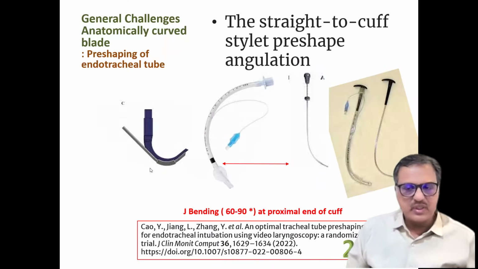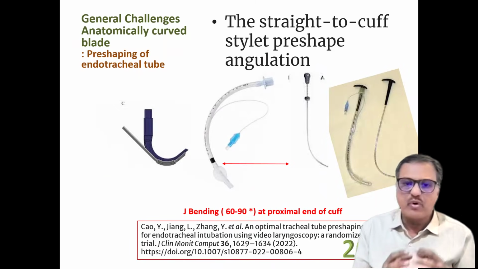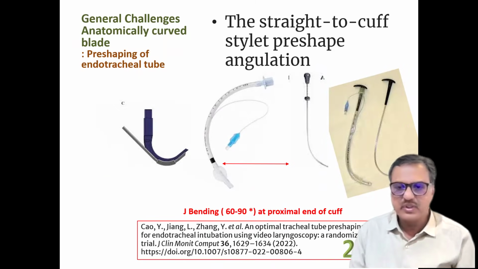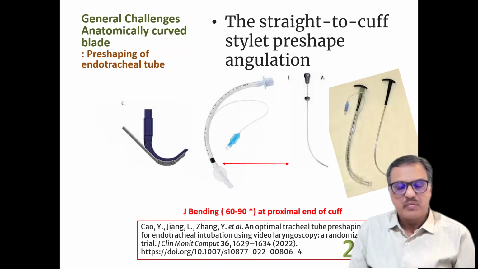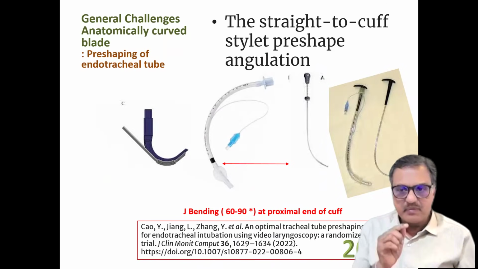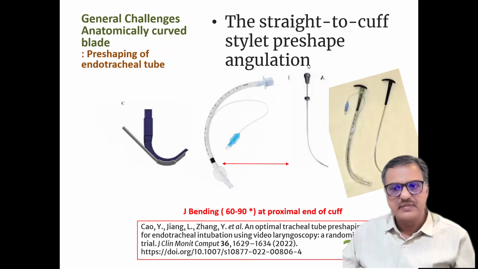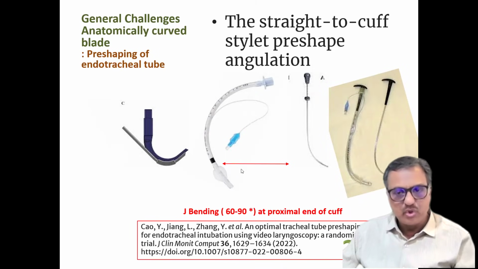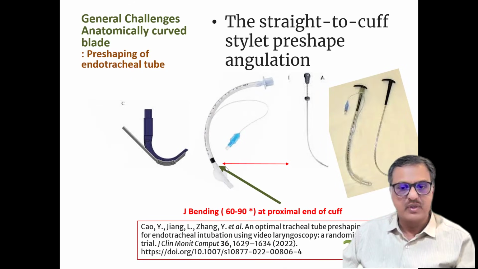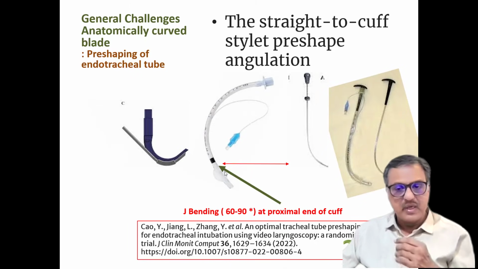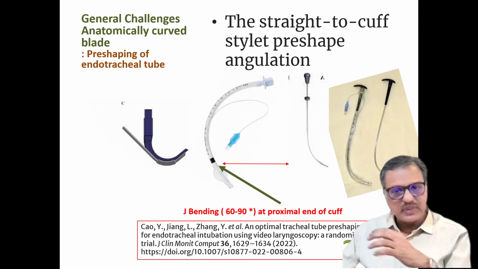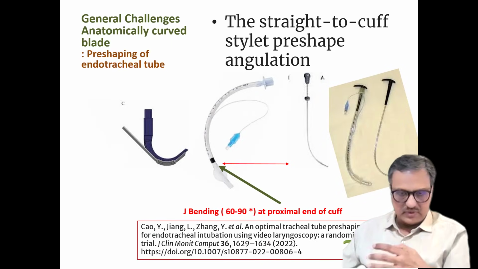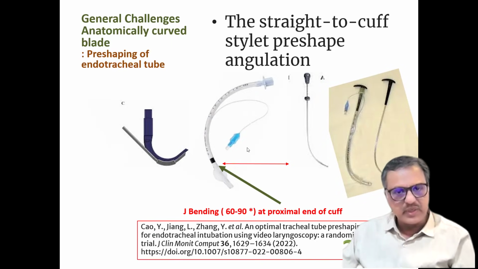Now, important: suppose you are not using a preformed stylet. If you are using the standard stylet, then you have to pre-shape it by making it J-shaped like this. How do you make the J-shaped angulation, and from where do you bend? The tube has to be bent from the proximal end of the curve, from here, by 60 to 80 degrees. In most cases 60 to 80 degrees is sufficient; rarely, you have to bend up to 90 degrees.